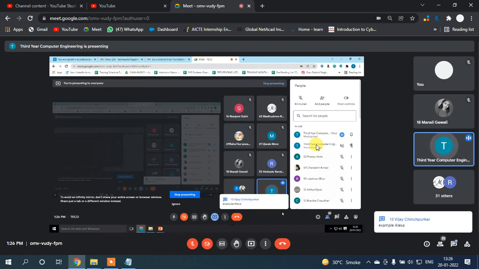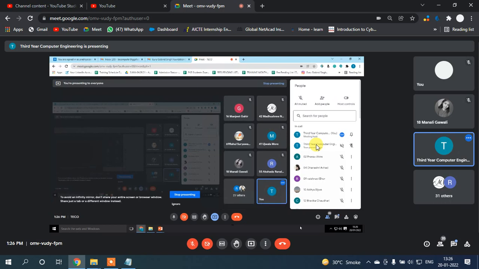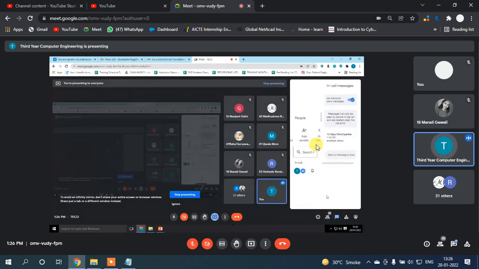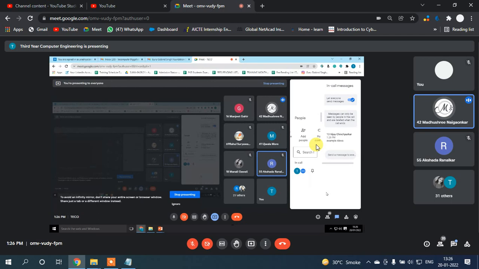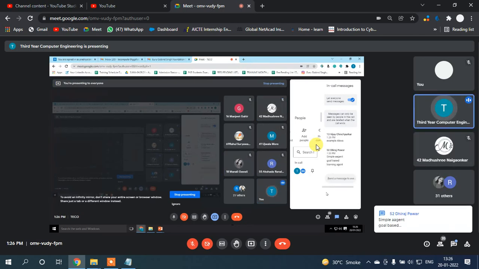Couldn't understand. There is a lot of background noise. Types are model based agent, utility based, goal based.